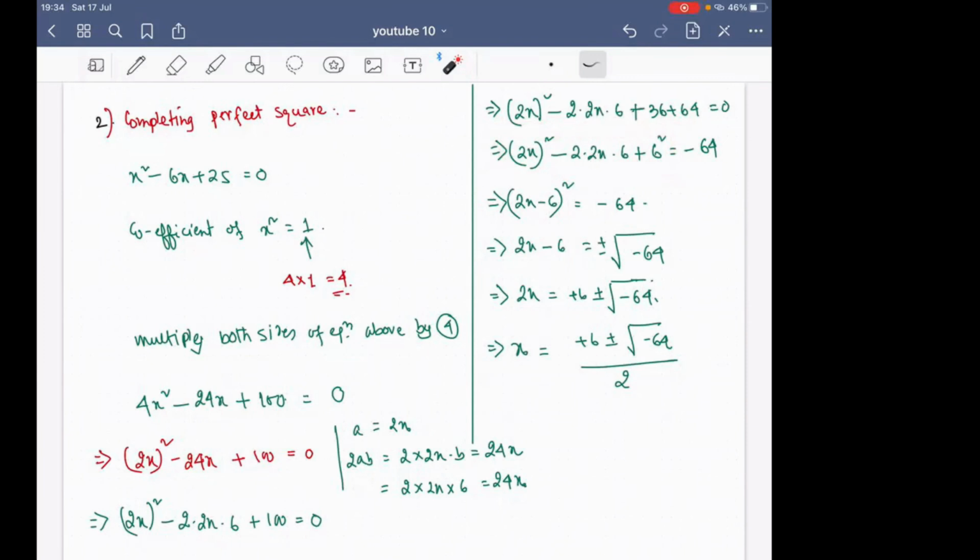And actually, you know that for quadratic equation, we have got two values of roots, right? For quadratic equation, we have got two roots. The two roots is indicated by this plus minus sign. This plus minus sign indicates that you have got two roots. How do we have that? Let's see.